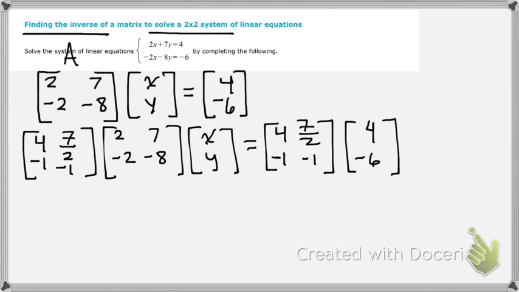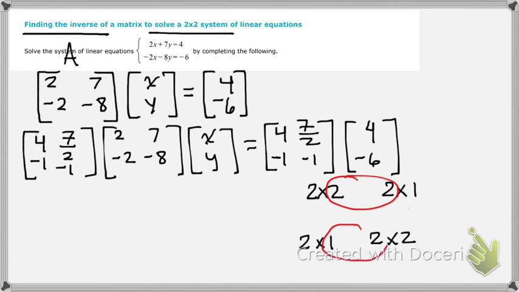So I need to put the 2 by 2 matrix here, so that when I multiply it by the 2 by 1, I'm going to be able to do that because these numbers will match. If I do it in the other order, and I'm not going to rewrite the whole thing, but if I just look at the dimensions, if the 2 by 1 matrix came first and the 2 by 2 came second, then you see those don't match.